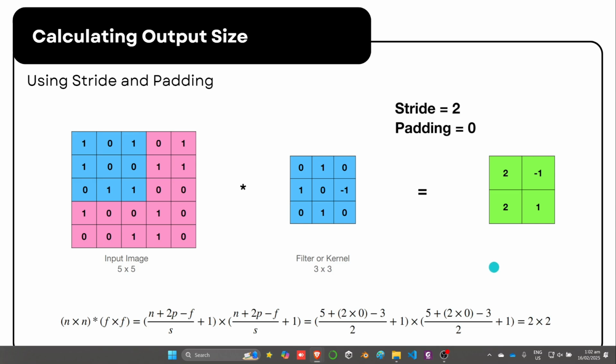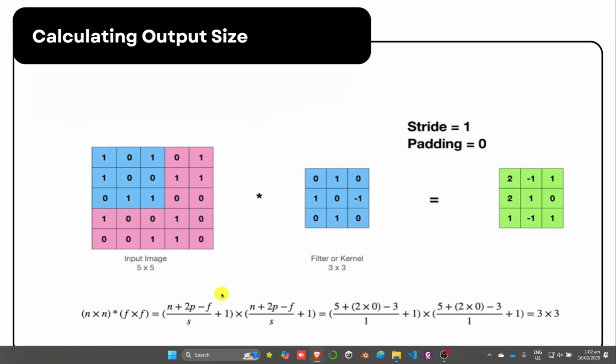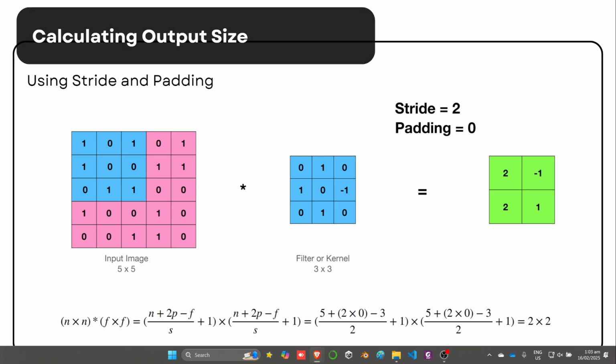Let's try changing this to a stride of 1. As you would expect, going back to the slide, a stride of 2 gives us a small feature map, a 2 by 2 grid.